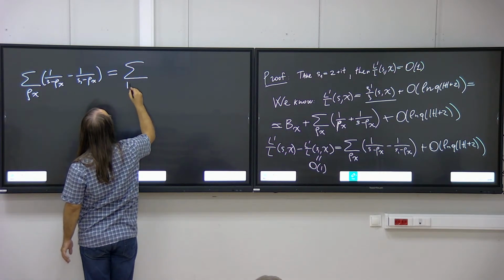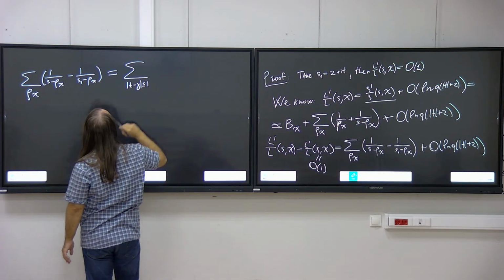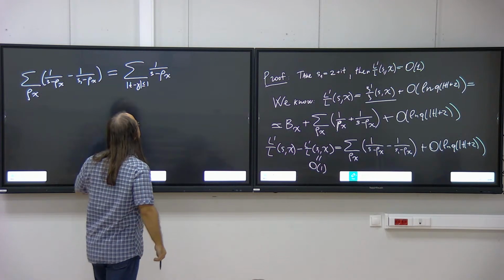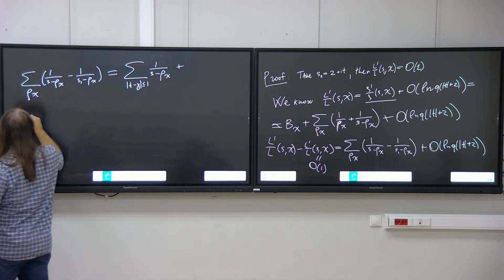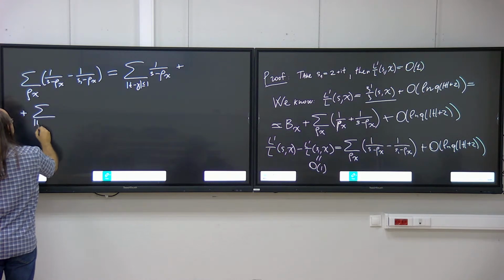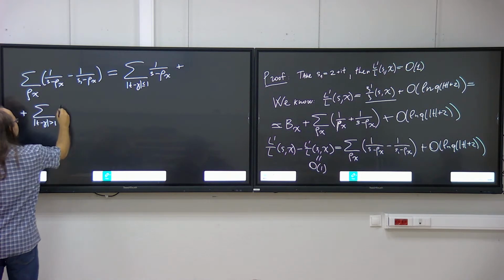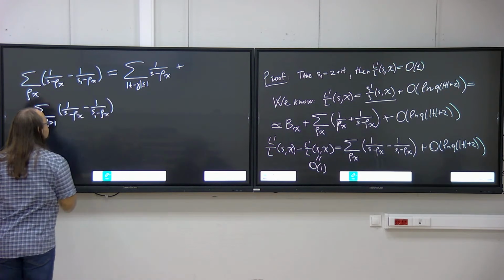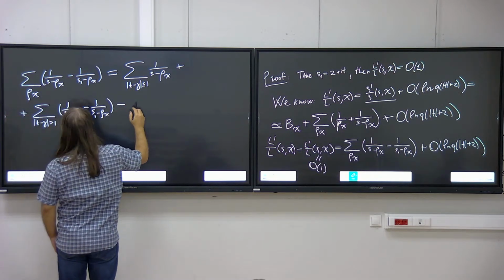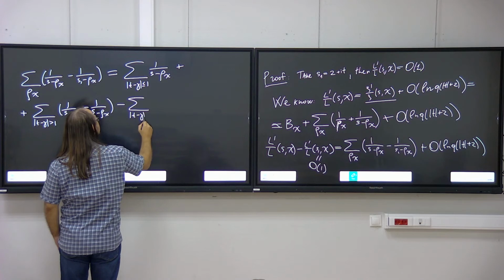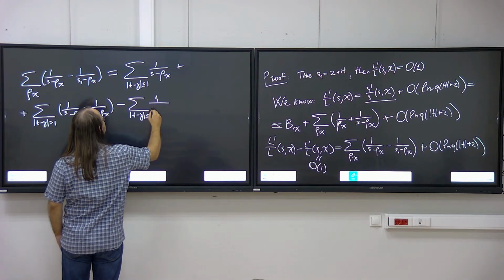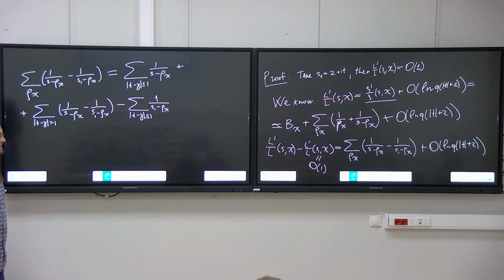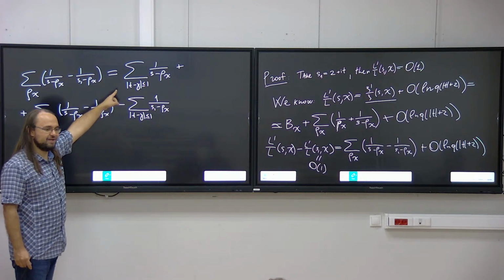Sum over all t minus gamma at most 1 of 1 over s minus rho chi, plus the sum over all t minus gamma greater than 1 of the whole difference. And then we subtract the sum over all t minus gamma less than or equal to 1 of 1 over s1 minus rho chi. Okay? Now, this first sum is what we need.